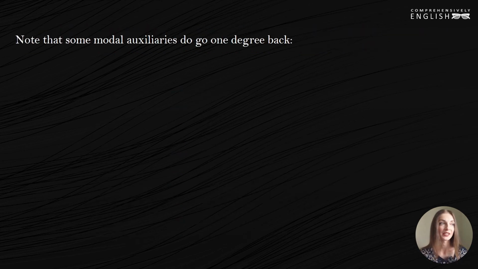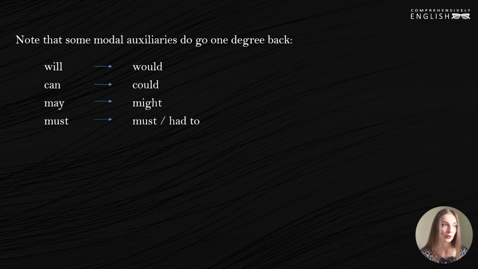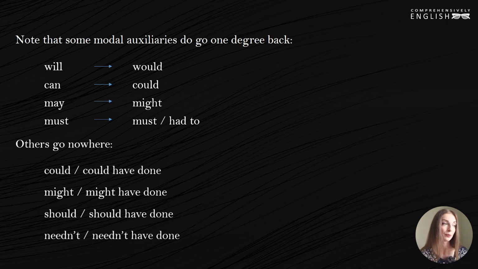Also note that some modal auxiliaries do go one degree back too. Will becomes would, can becomes could, may becomes might, must becomes must, or had to. Others go nowhere. For example, could and could have done, might and might have done, should and should have done, needn't and needn't have done are not changed. Why does that happen?